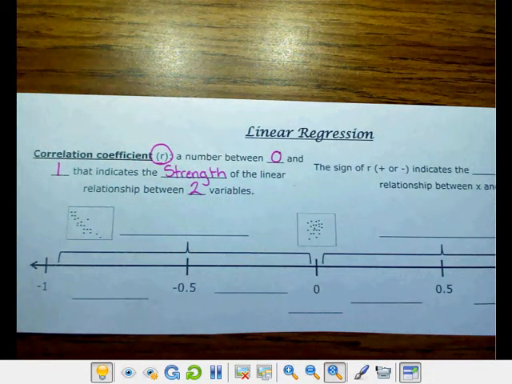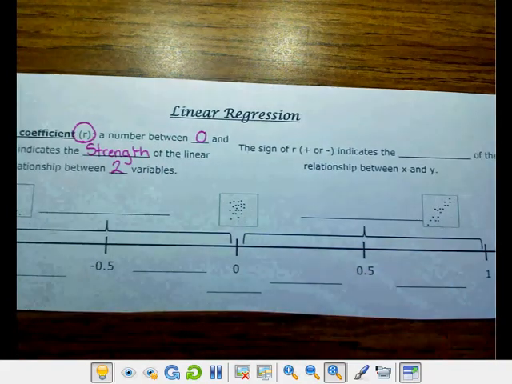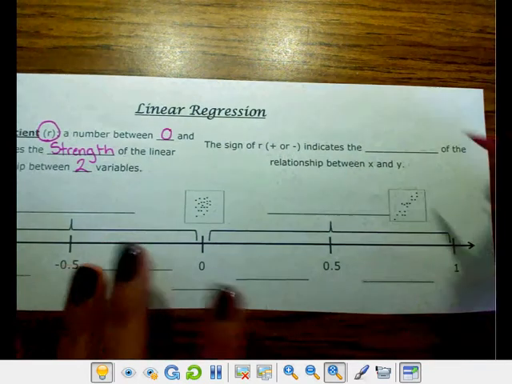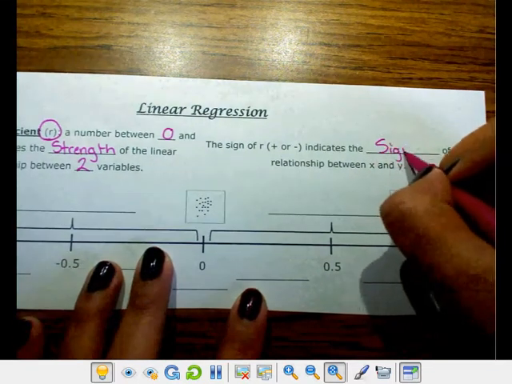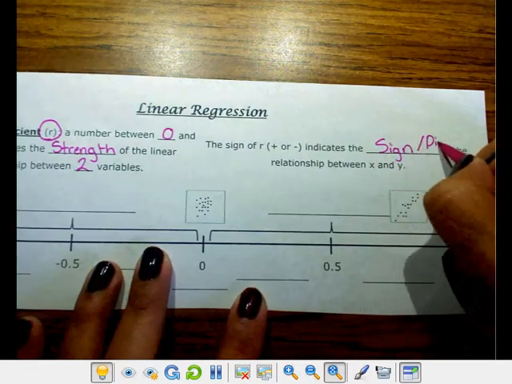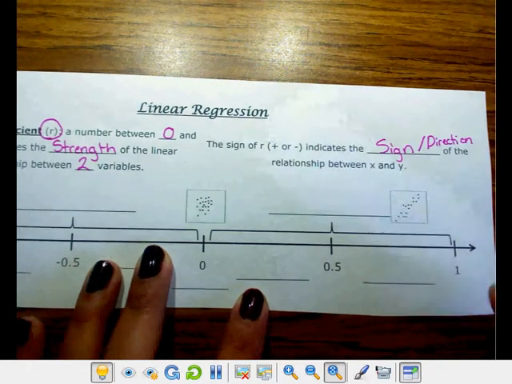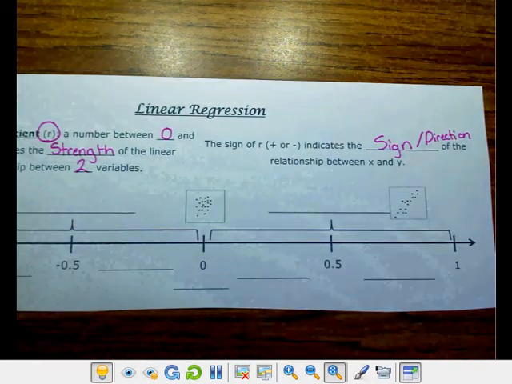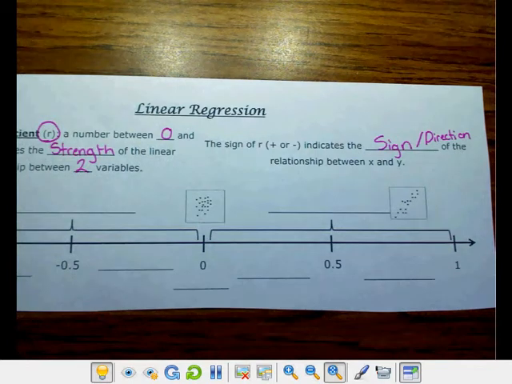Okay? All right, the sign of R, positive or negative, indicates the sign or direction of the relationship between X and Y. So it tells us the type of correlation that it is.